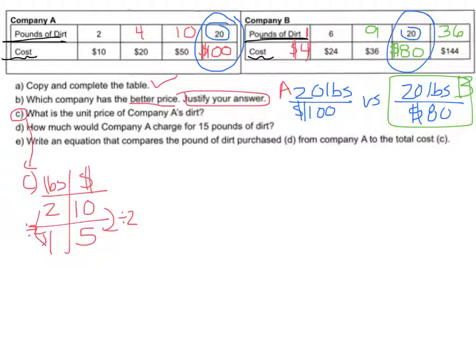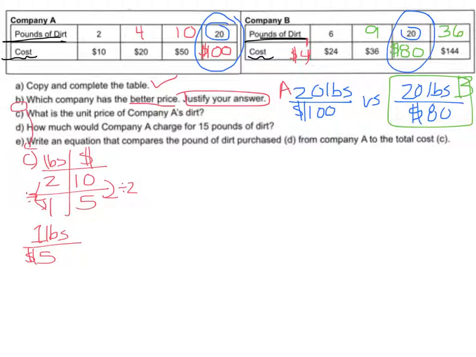And we have 1 pound is equal to $5. Now, if we wanted to do B again, we can see that company A has 1 pound for $5 and company B is 1 pound for $4. So even though we did it a second way, we still see that company B is the better price.